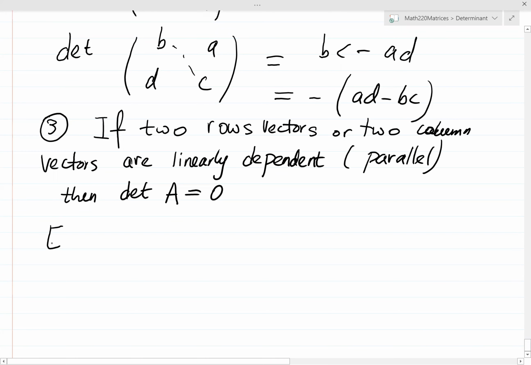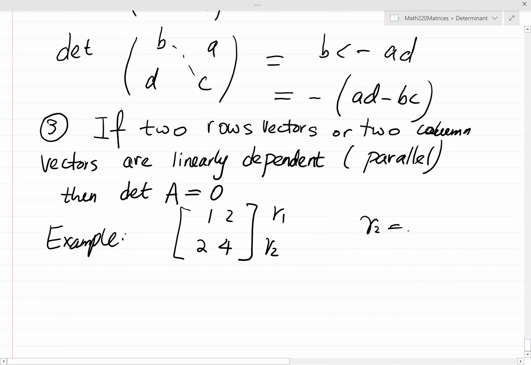So let's see this example: 1, 2, 2, 4. You see the second row is twice the first row. R1 is this, R2 is twice R1.